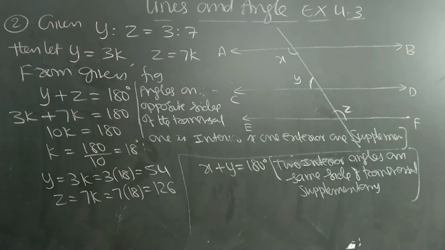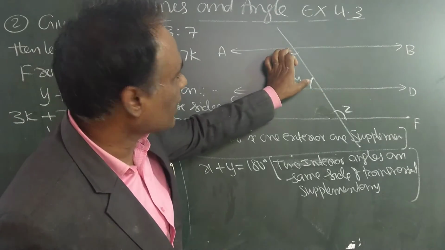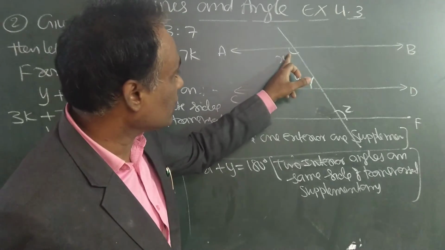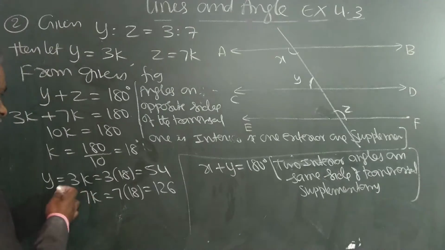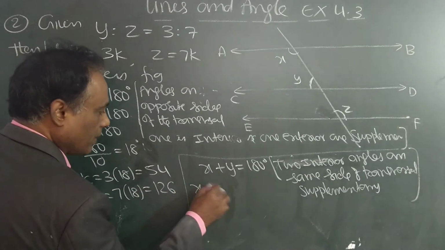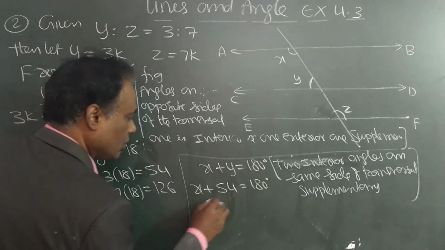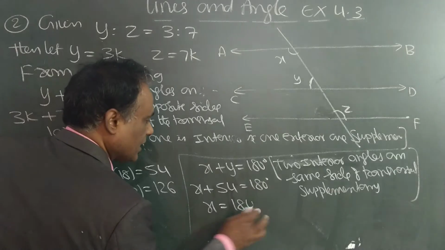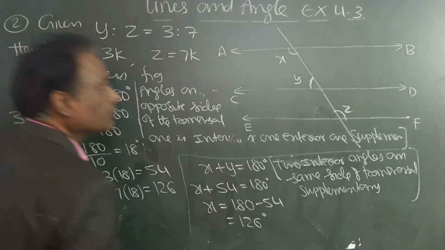Every time I am writing the reason. So if you take these two lines, these two are the interior angles, and same side of the transversal, their sum is 180 degrees. In that, y is 54, x plus y is 54 is equal to 180. So x is equal to 180 minus 54 is 126.